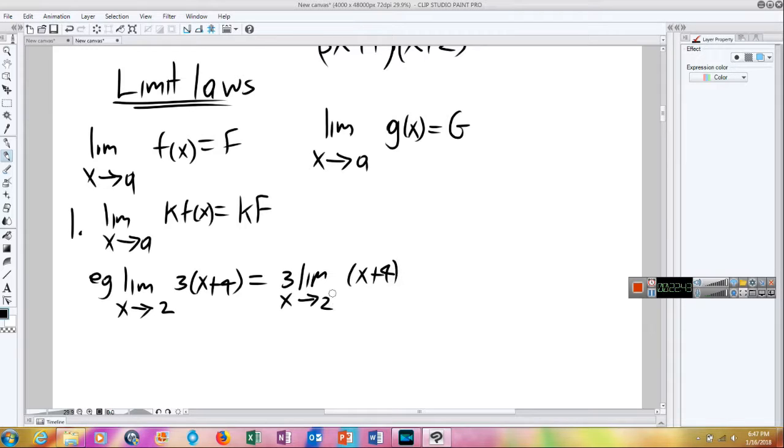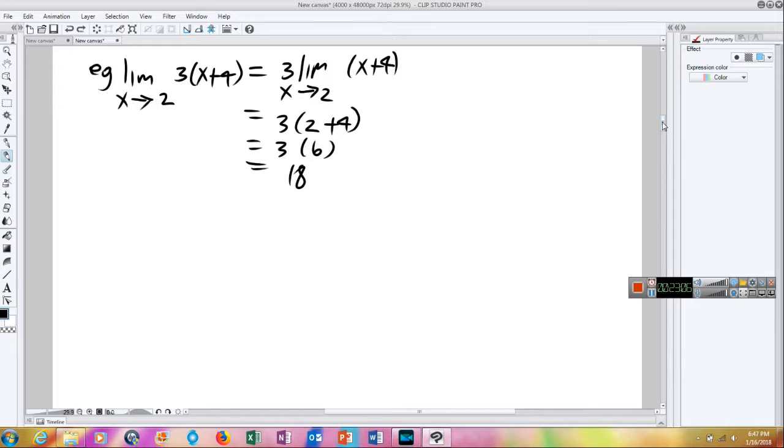What we were told to do was put this 2 where the x is here. So we can say 3 times 2 plus 4 is equal to 3 times 6, and that is equal to 18. And that ends that example.